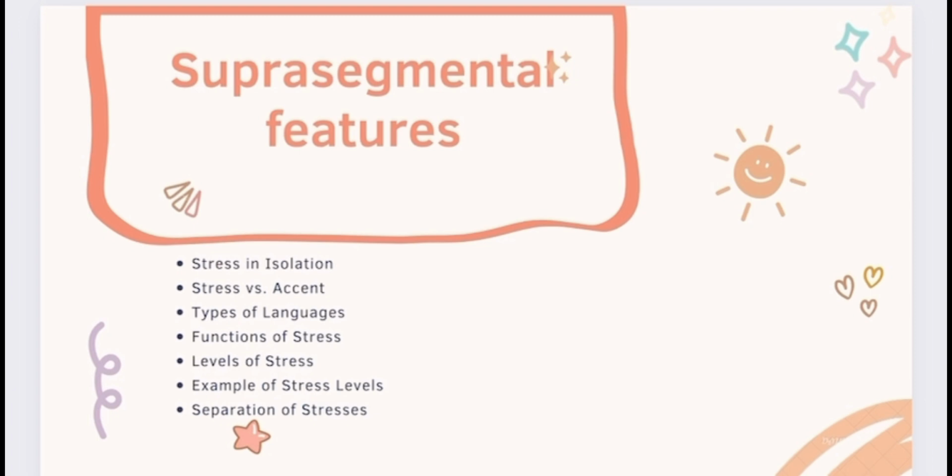The interaction between primary and secondary stress can create intonational patterns, superimposing a tonic accent onto the last stressed syllable. Secondary stress, although sometimes challenging to perceive, is generally separated from the primary stress by at least one syllable, either before or after it.